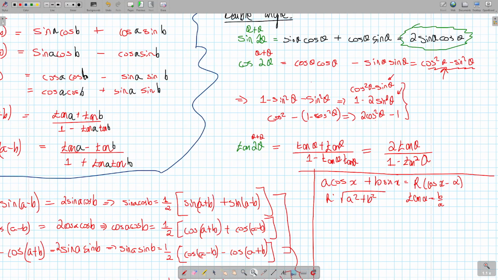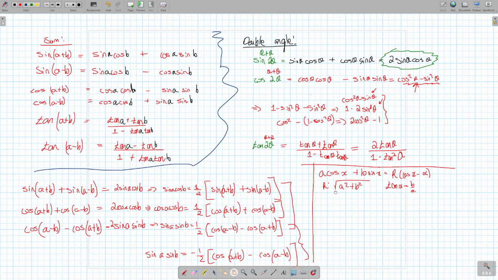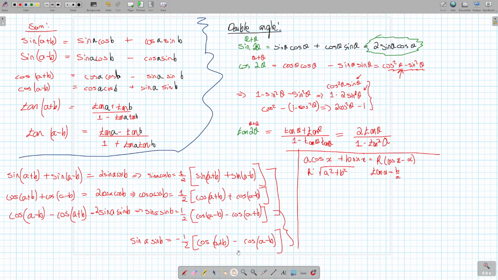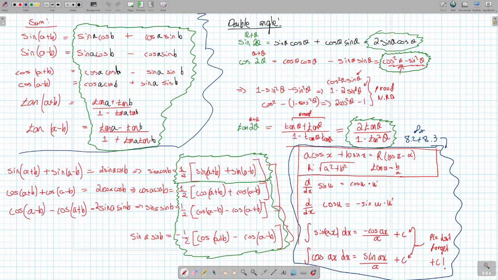Okay, this is good. I'll now put the rules of differentiation over here. I'll write them down and then show you. So this is our nice formula sheet.